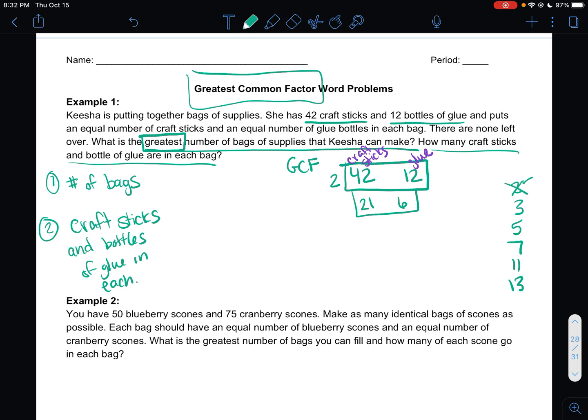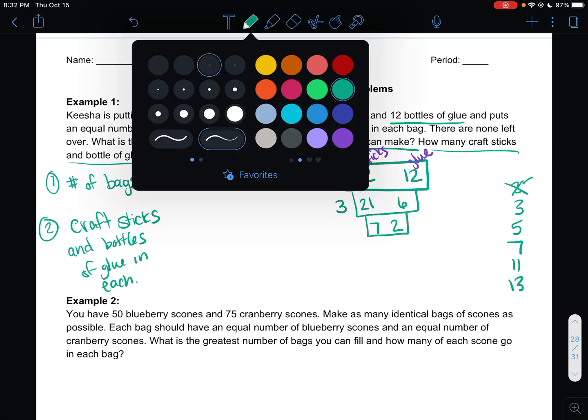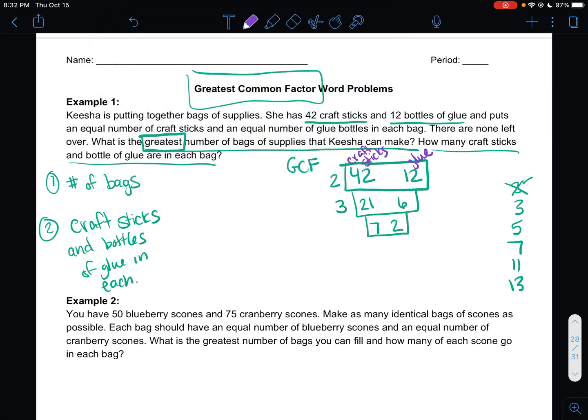So I'm going to cross off 2, then move to 3. So 21 actually is divisible by 3, so is 6. So we're going to divide by 3. 21 divided by 3 is 7. 6 divided by 3 is 2. So 7 and 2 are both prime at the bottom, so I'm done. I can't go any further. They don't have another common factor.